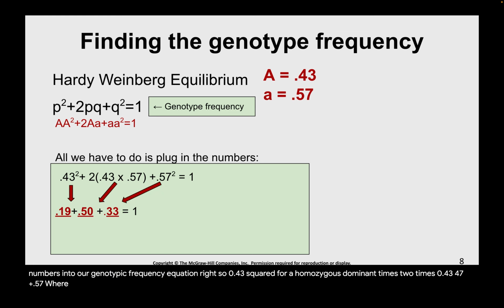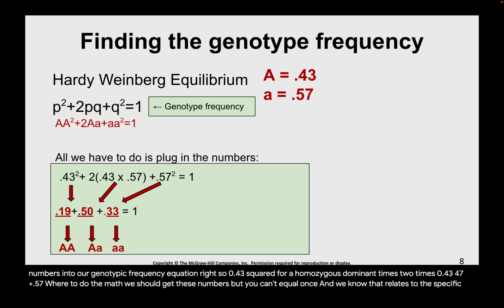If we do the math, we should get these numbers, which again should equal 1. And we know that relates to the specific genotype.